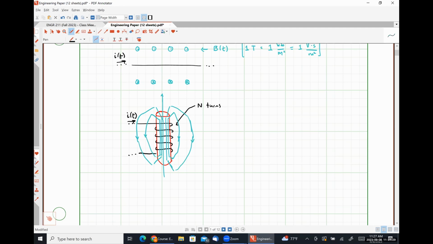The magnetic flux that is passing through this coil is defined as the product of the magnetic flux density and the area of the coil, which we'll call A. So our flux phi B will be simply B of t times A, where A is the vector.